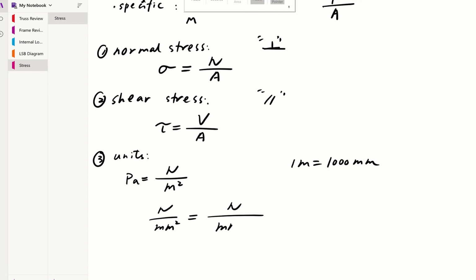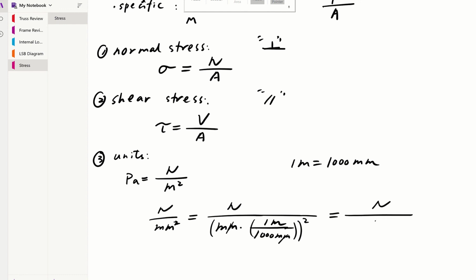So let's do a unit conversion, and we want to get rid of millimeters, so this is going to be at the bottom. And 1 meter is 1,000 millimeter, and this whole thing has to be to the power of 2. Then you cancel out. What do we get?